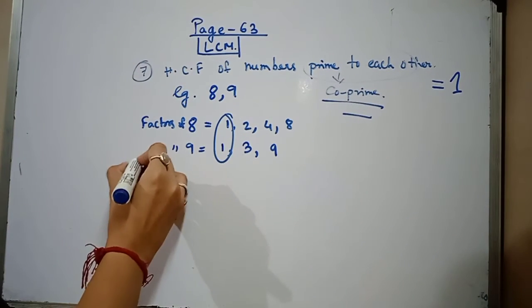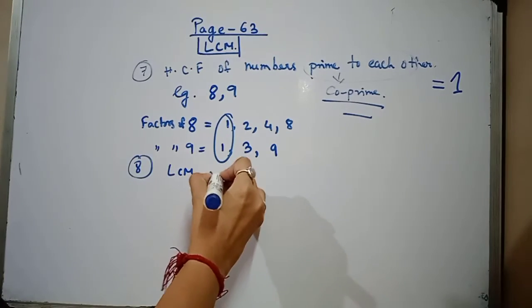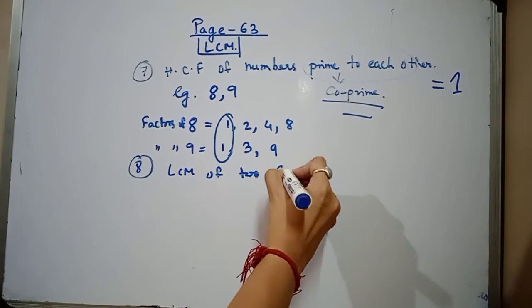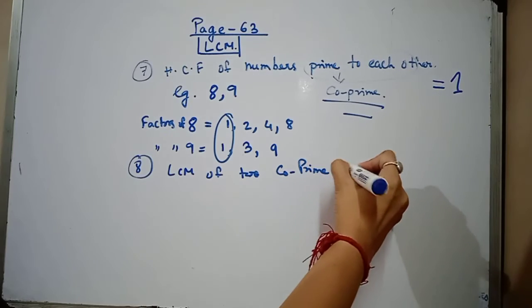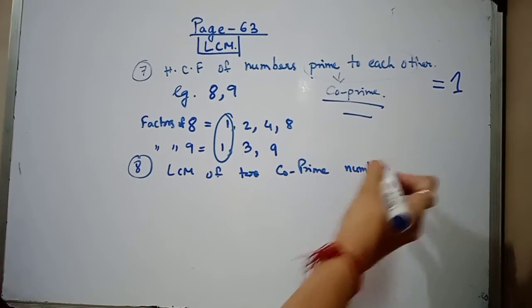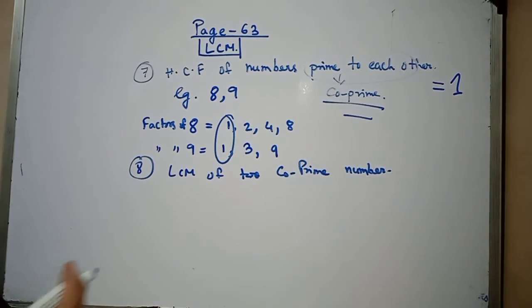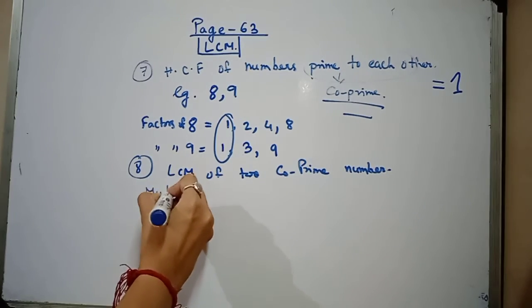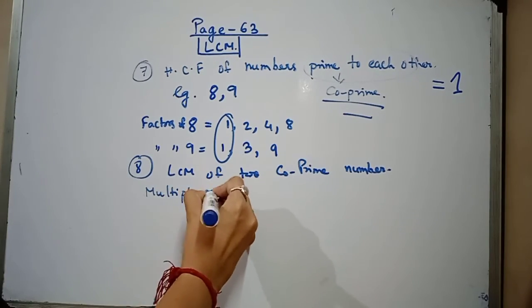So next question, we are going to find the LCM of two co-prime numbers. So when we are going to find the LCM of co-prime numbers, we have to write the multiples of 8, right?